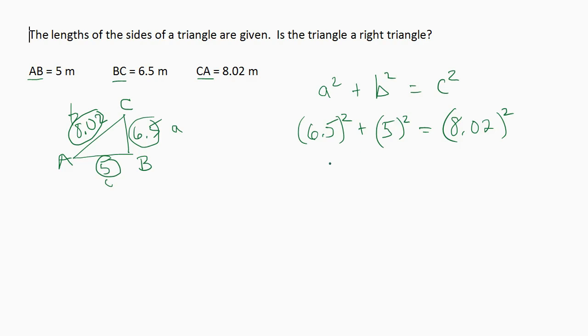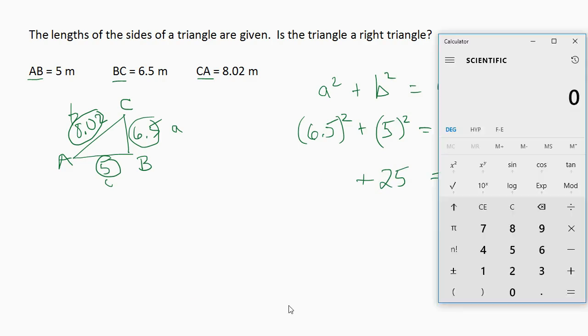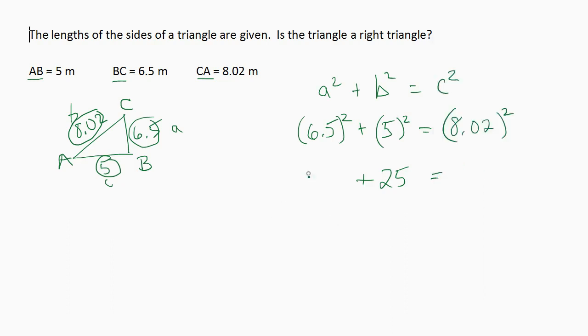So let's see what we get when we figure out these values. I can do 5 squared in my head. That's 25. That one's not too bad. I can't really do these other two in my head, so I'm going to pull out the calculator again. 6.5 squared is 42.25.